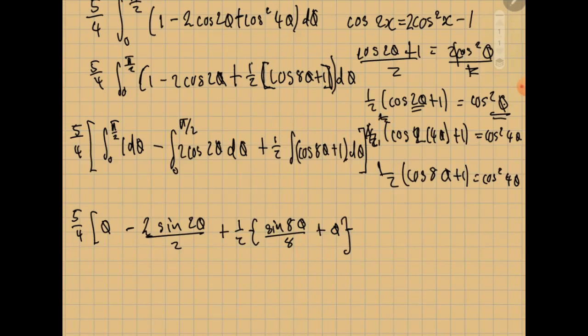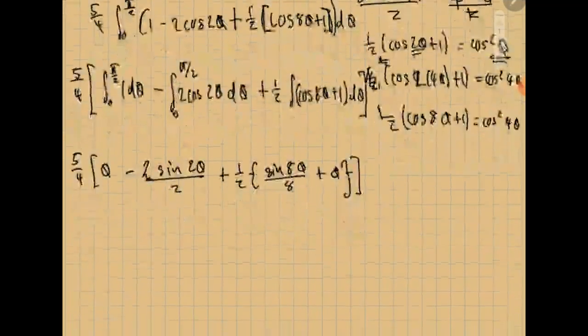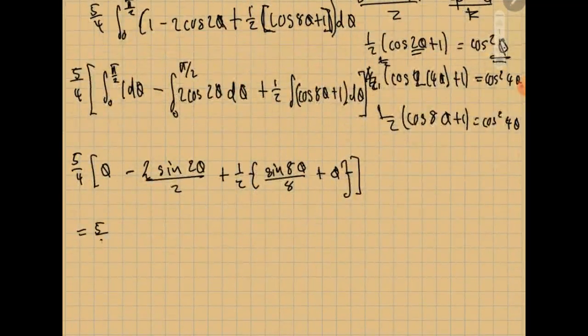So since we have arrived at this stage, we're going to have 5 over 4. We said it's from 0 to pi over 2. So we are going to have 5 over 4 multiplying this 2 and this 2 cancel. We have theta minus sine 2 theta. And then we can have half multiplying that.